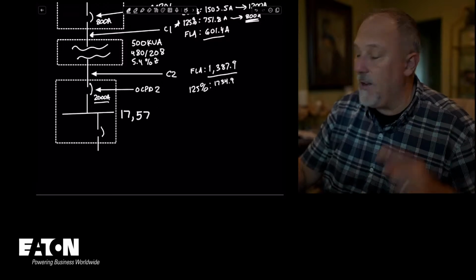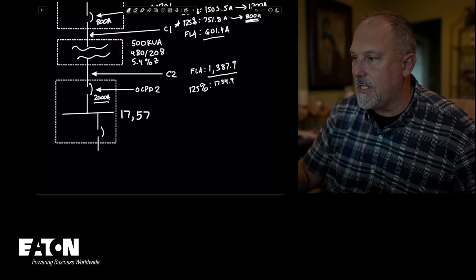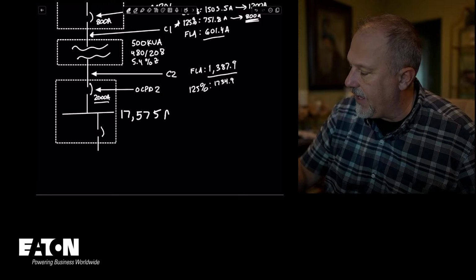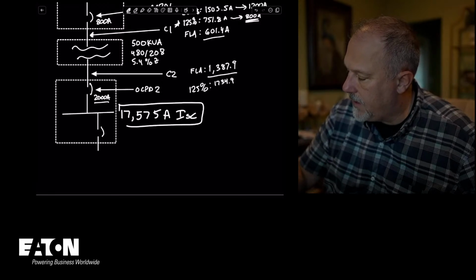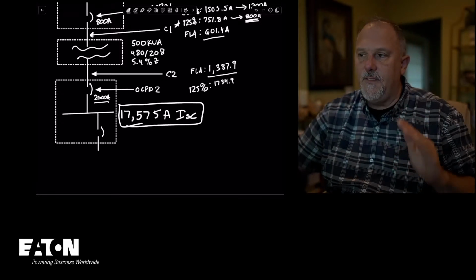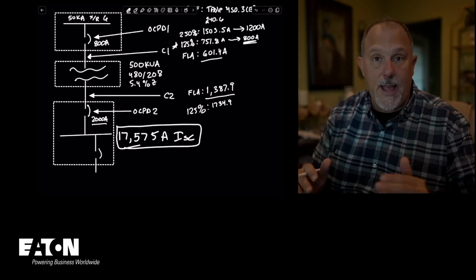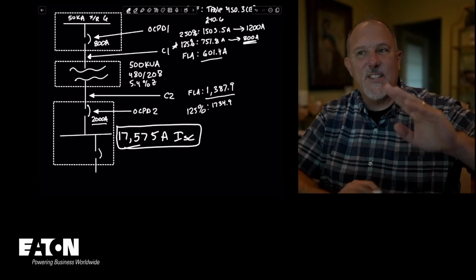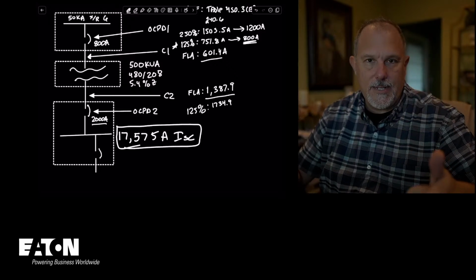I'm going to round down. Worst case is down. So 17,575 amps. I short circuit. All right, so I know I have 17,575 amps. Now, that's phase 3.